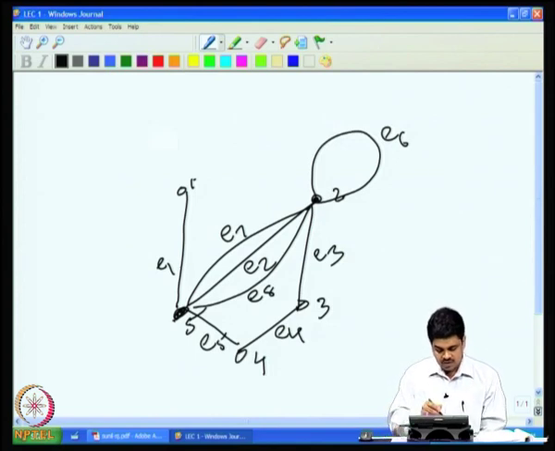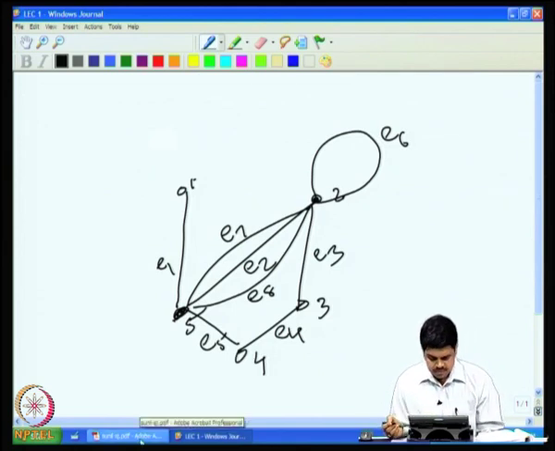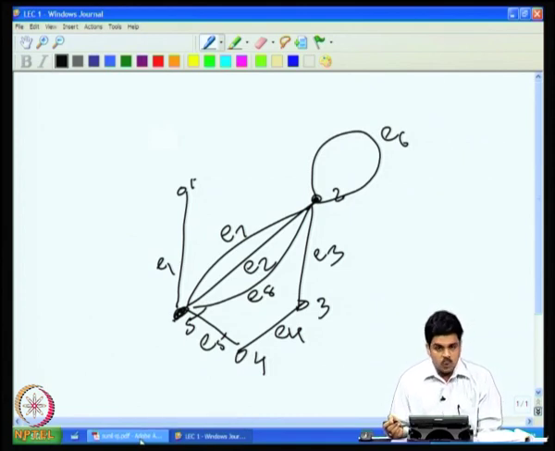Then we call these multiple edges between these two vertices. When we do not have any loop or multiple edge in a graph, then we say that graph is a simple graph.